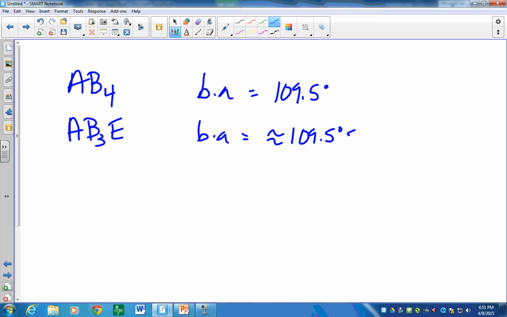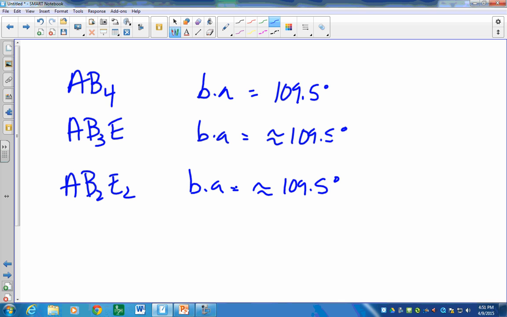It's actually a couple degrees less. And then an AB2E2 also has a bond angle of approximately 109.5, because if kids were here today, I held up the models, but all 4 angles are 109.5, and just because you yank off 2 doesn't mean the other ones stop being 109.5.